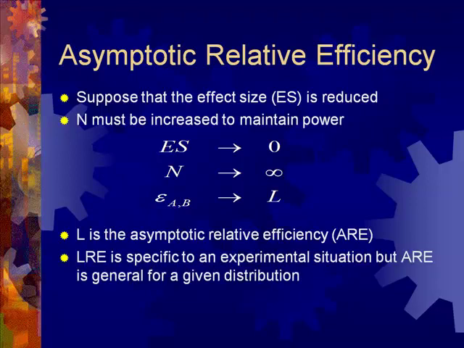Whereas the local relative efficiency is specific to an experimental situation, the asymptotic relative efficiency is general for a given distribution.